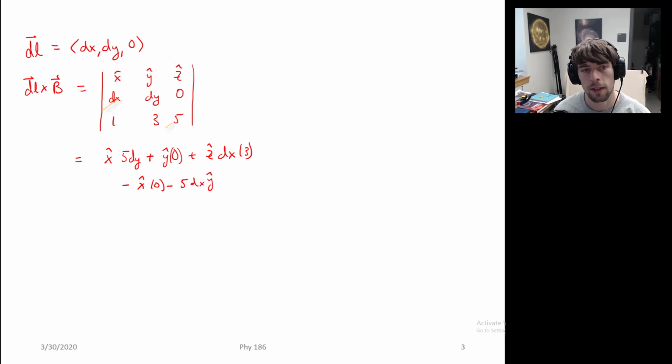And then we have minus dy z hat. So at the end of the day, what do we have? The x component is 5 dy, and I'll go into triplet notation. The x component is 0, so the y component is 5 dx with a negative sign. And the z component is 3 dx minus dy.